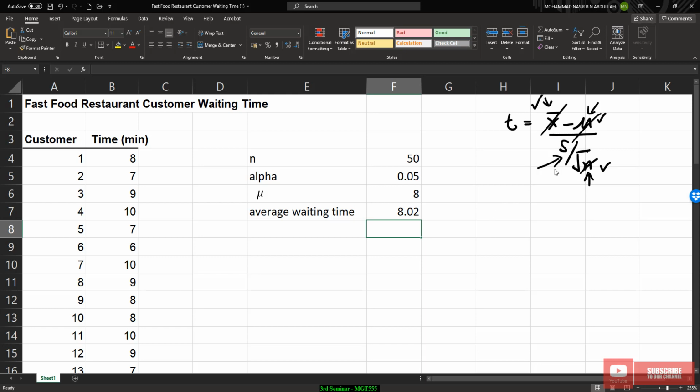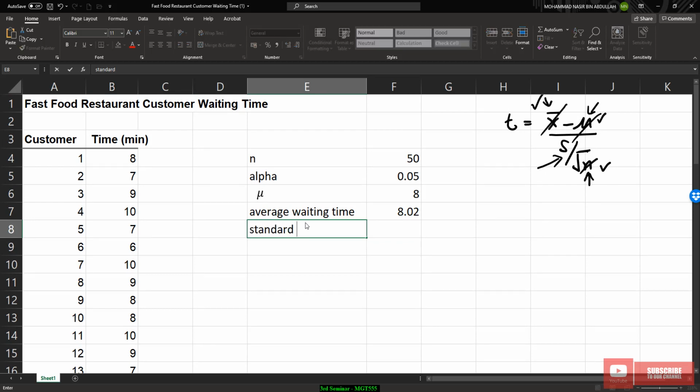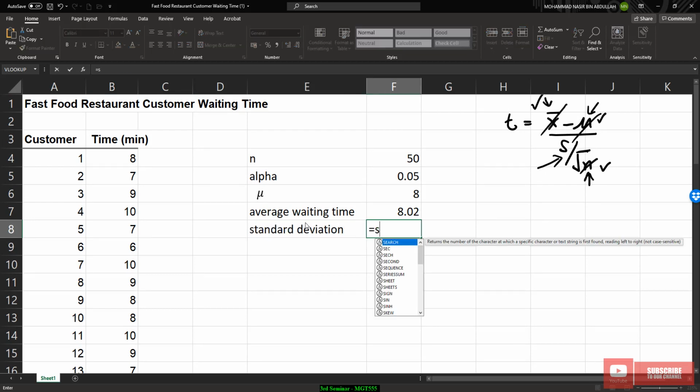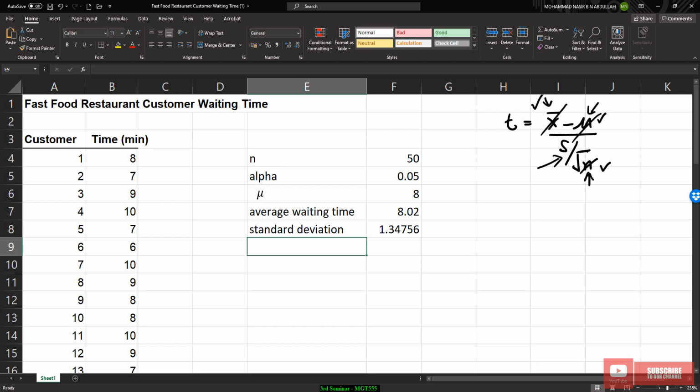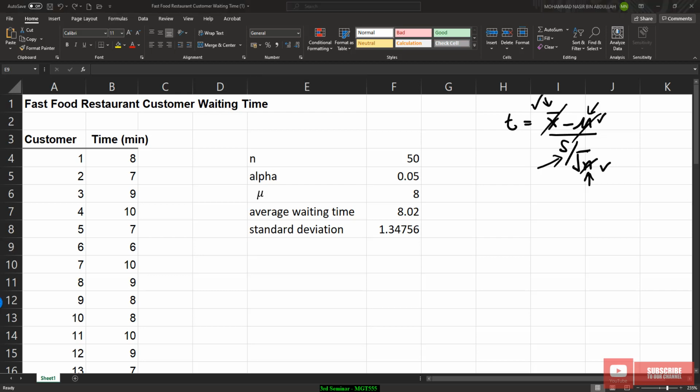And we want to find s. What is s? Standard deviation. Remember last lecture, STDEV.S. This is the standard deviation for a sample, on B4 to B53. So for the sample standard deviation we got 1.34756, right?